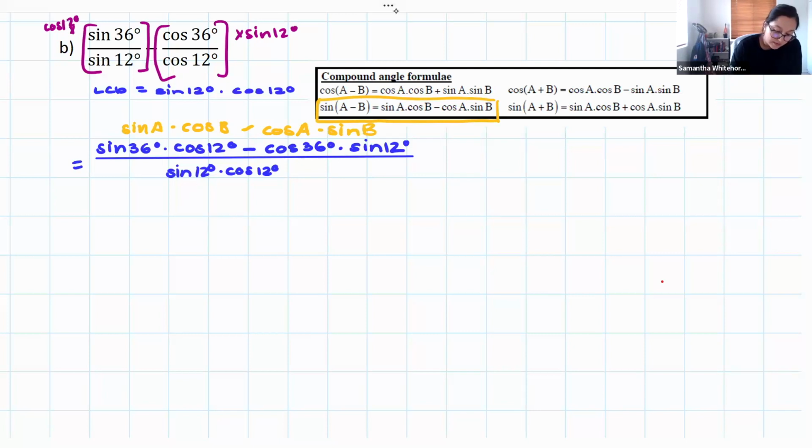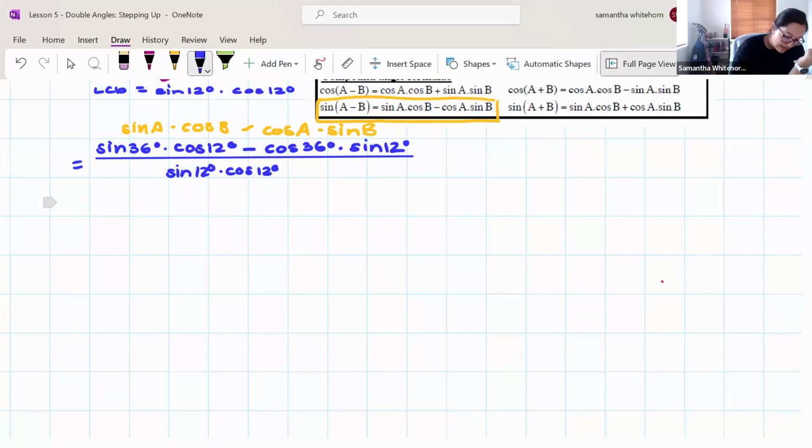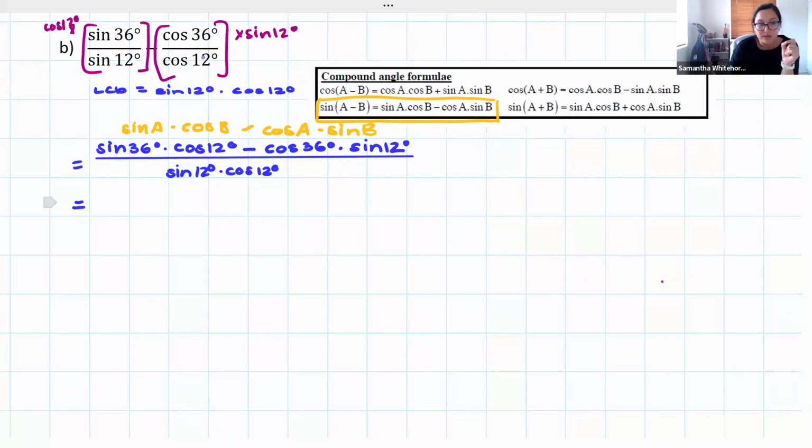That formula says to me that if we have the expanded form of sine A cos B minus cos A sine B, what we can do is essentially simplify down to sine of A minus B. So that's exactly what I'm going to do. And the statement I made earlier, that 36 and 12 are both multiples of 12, is going to be really handy right now.